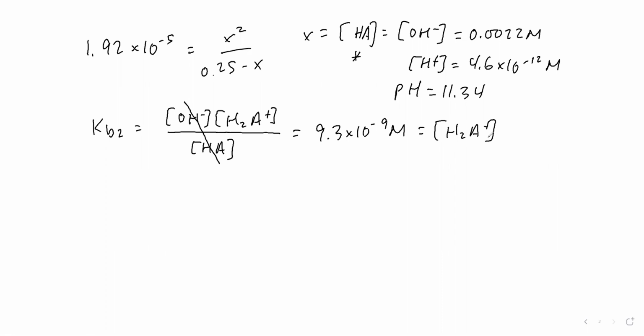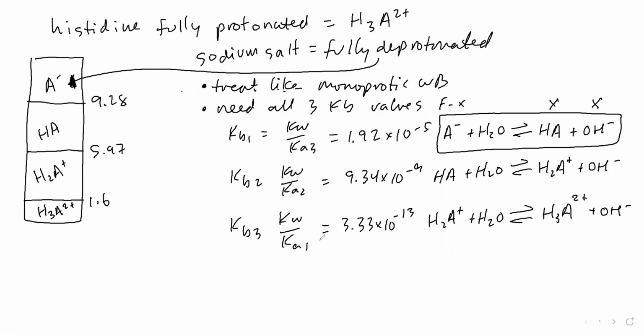Then we can go back to that final equilibrium expression, and we see that that same species will continue to hydrolyze to make H3A2+ and some more hydroxide through Kb3. Let's set up that equilibrium expression.